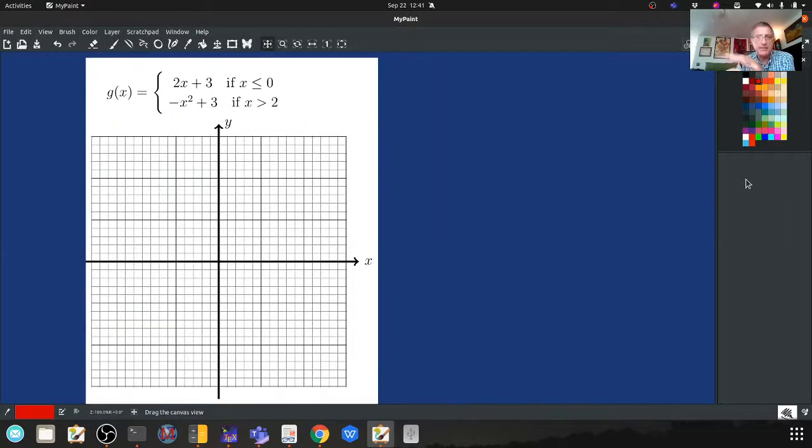So in this case, our domain is divided into two sections, x less than 0, so that's literally the y-axis, and then x greater than or equal to 0.